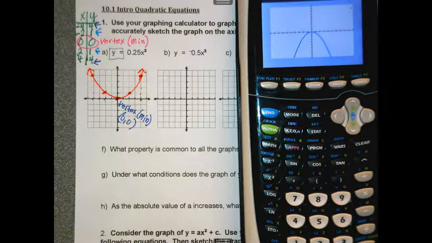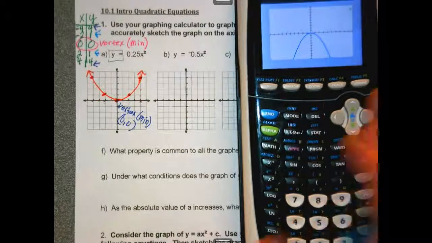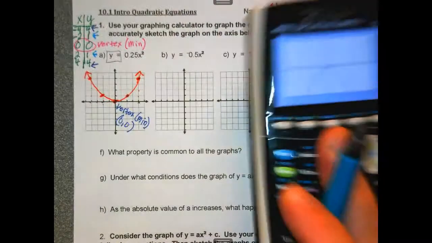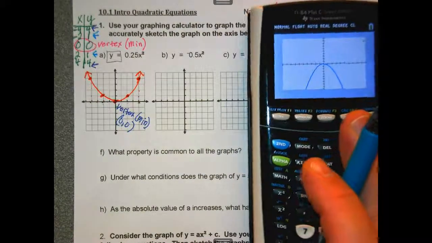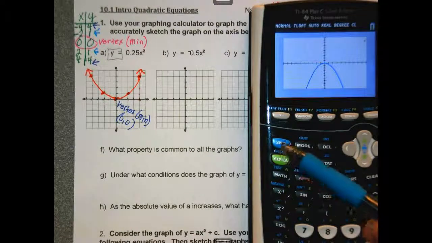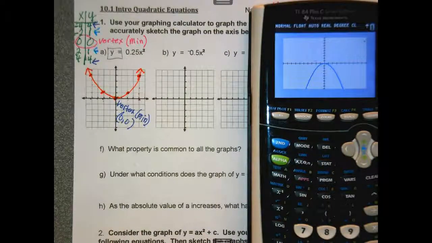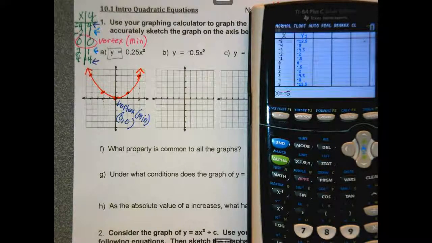This one happens to open up downwards, right? So let's go ahead and sketch this on our graph. We're going to need some points. Then I'm going to hit my second key and the graph key to get my table. And here's my points. Again, I know that this is the vertex because my values for y are the same afterwards.